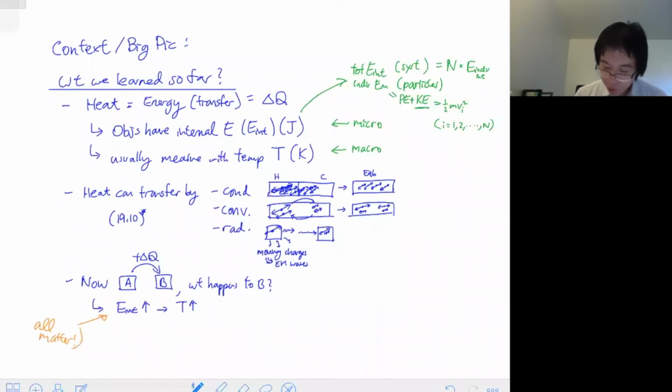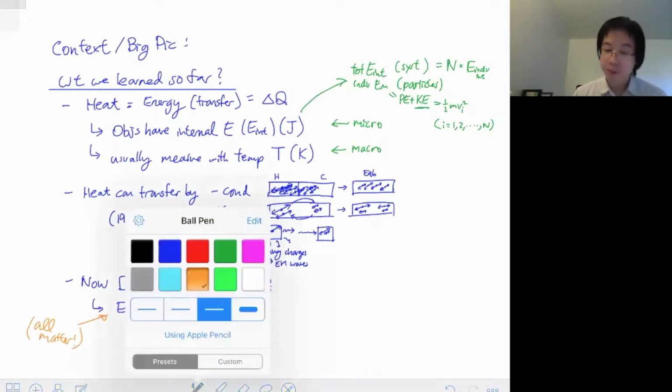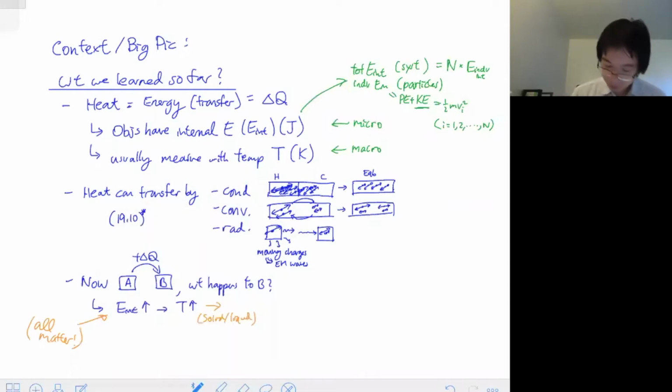But now for only solids and liquids, what usually happens is the pressure is fixed, usually at atm, atmospheric pressure. If I warm up a cup of water in your kitchen, in your pantry, it's still in contact with the air, right?